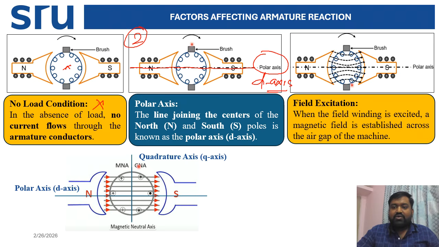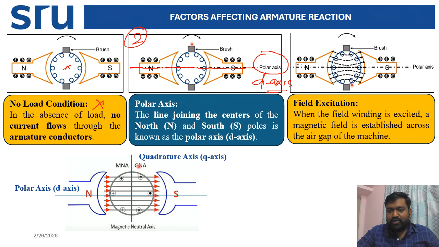Now come to the next point, the field excitation. When the field winding is excited, a magnetic field is established across the air gap of the machine. Suppose this is the field winding. The north pole here is an electromagnet, and I will explain again what an electromagnet is.